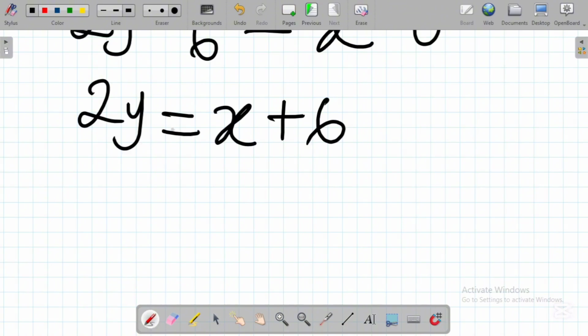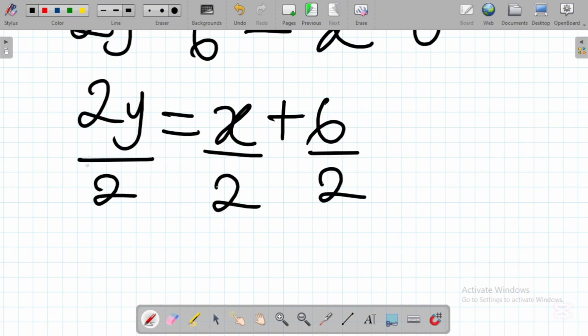So now let's divide both sides by 2. 2 cancels 2. 2 into itself is 1. 2 into 6 is 3.